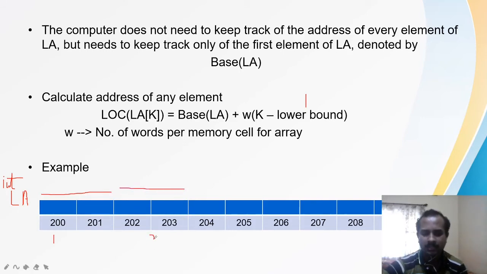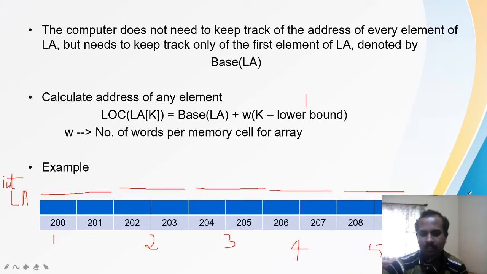So what is the index? Index is 2. What about this one? This is allocated to the third element. This one is allocated to the fourth element. This one is allocated to the fifth element.